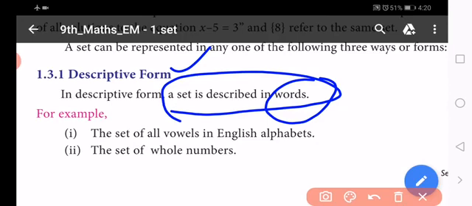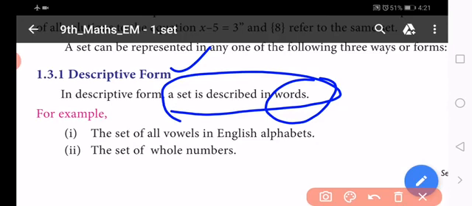That is very, very important. So without notation and without symbols, when we write the object in statement form or sentence form, it is called the descriptive form. For example, the set of all natural numbers.